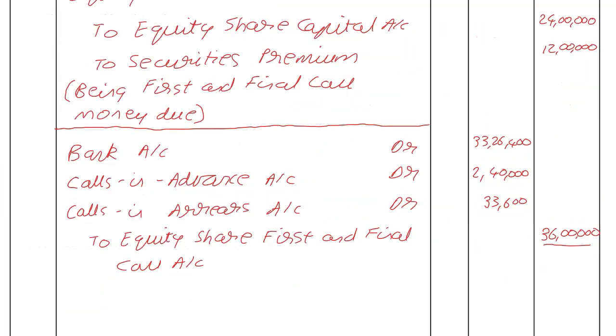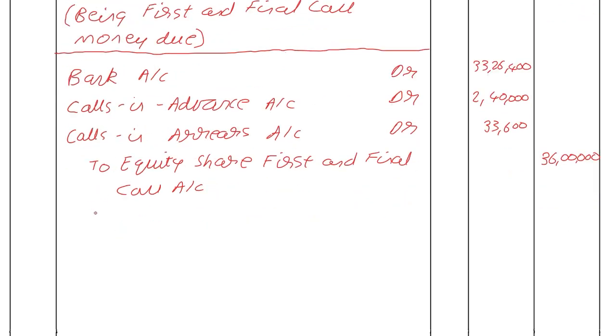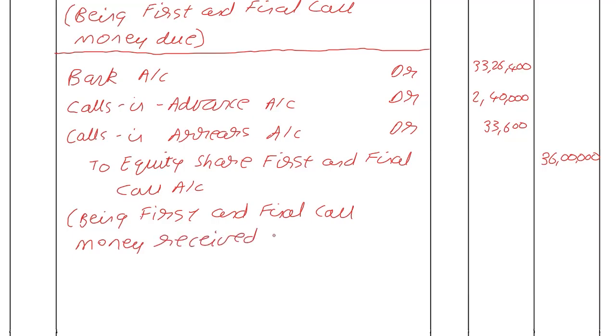All right, and keep that in mind. Anyway, we are here and we can now go ahead with the last entry where we forfeit the shares. But before that, we will have to say being first and final call money received, except for 3,000 shares.